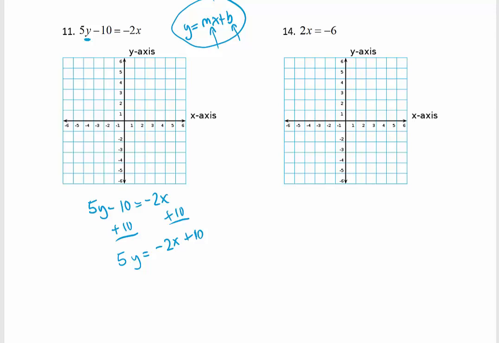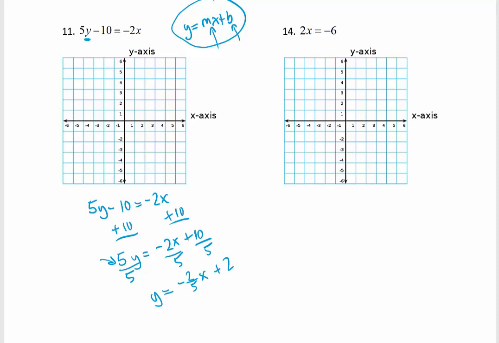So now I'm almost done, but now I got to get y by itself down here. So I'm going to divide everything by 5, and I think it makes it easier to divide each of these terms individually. Go through and divide each of the terms by 5. So over here on the left side, 5y divided by 5, that leaves us with y. Then negative 2/5 x plus 2.